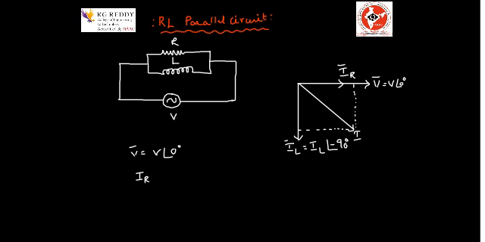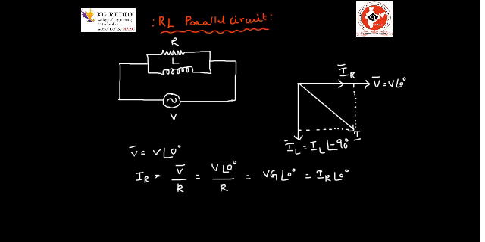So IR equals V by R, voltage by resistance. We know this is V at an angle 0 degrees by my resistance R. Now 1 by R I am taking as G, conductance, so we will call it VG at an angle 0 degrees. This is IR at an angle 0 degrees.